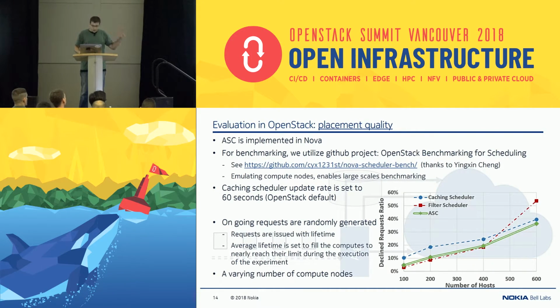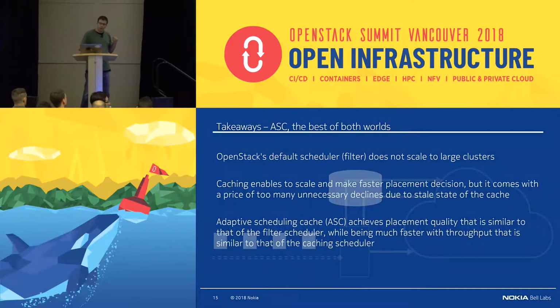So I think that I'm more or less done with the first part of the talk. The takeaway that I would like you to take from this first part is that OpenStack's default scheduler, the filter scheduler, does not scale to large clusters. On the other hand, caching enables scaling and makes things faster, but it comes with the price of too many unnecessary declines due to the stale state of the cache.